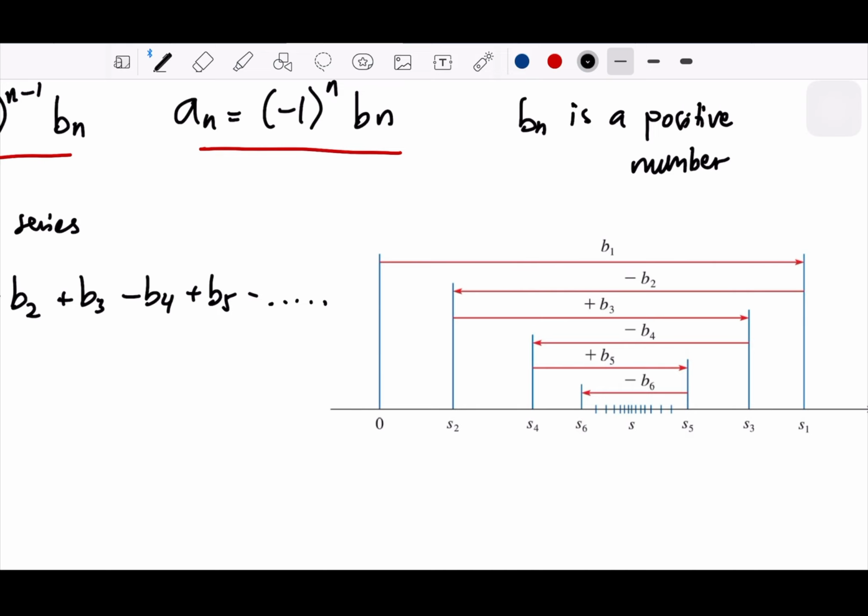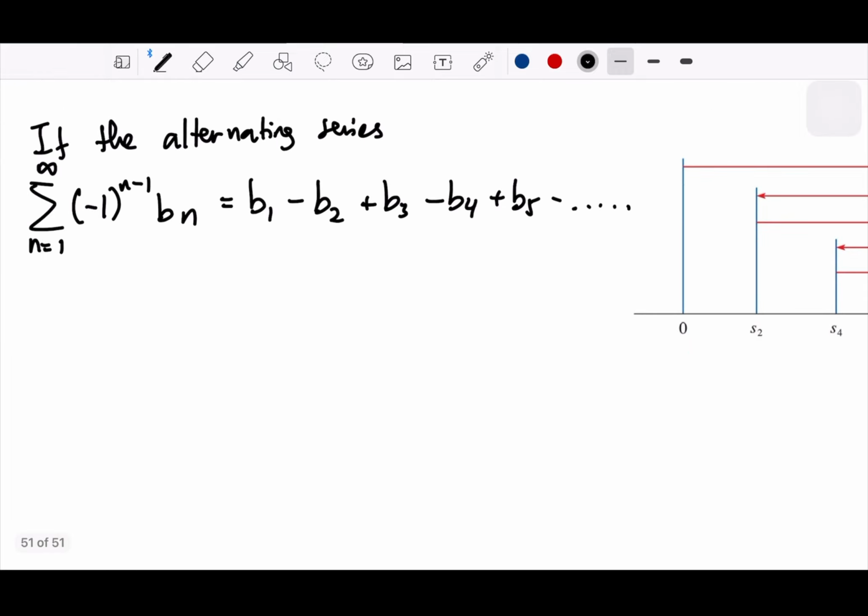So we can make out that the alternating series is convergent if it satisfies that Bn+1 is less than or equal to Bn, which means the next term should be smaller than the previous one.